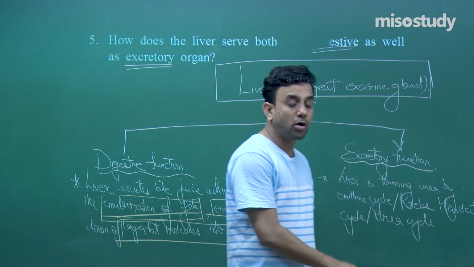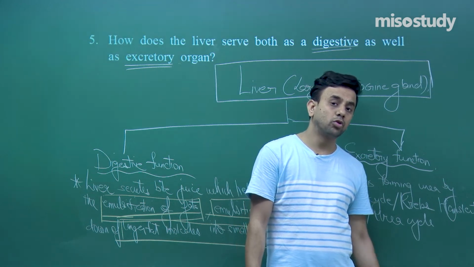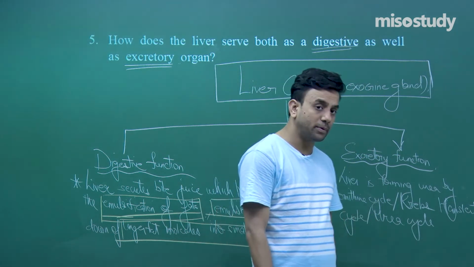So, the urea is formed here. What happens over here? There is deamination of the amino group in the liver, and urea gets formed.